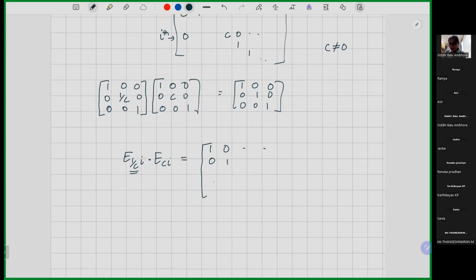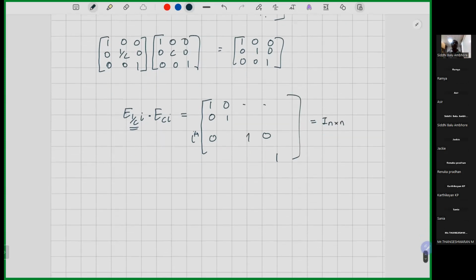In the ith row, it was 0, 0, 0, C and 0 and so on. And what it is doing, it is multiplying this ith row by 1 by C. So zeros are fine, but this C into 1 by C will give me 1 here, and everything is now again like an identity matrix. Is it okay? So this is the identity matrix of order any n which you choose. Is it okay?